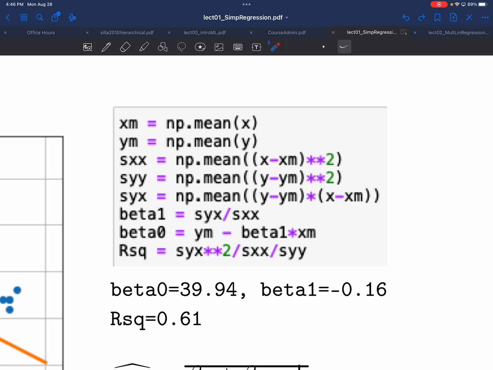But in NumPy, it knows that what you probably meant is that every element should be squared, and so that's what it does. This is an instance of what's called NumPy broadcasting.